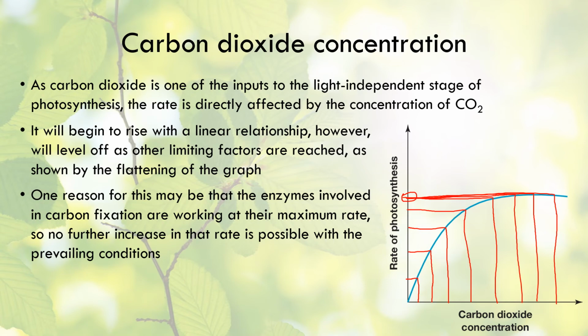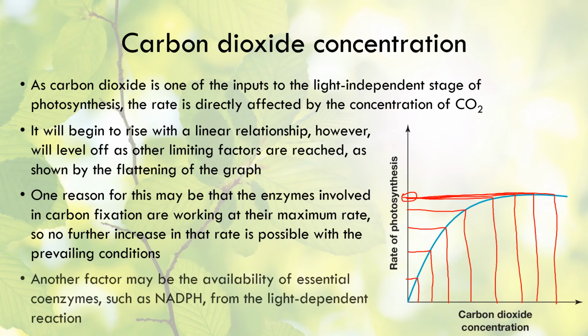So we can't increase that rate because there's only a certain number of enzymes and they're fully saturated with whatever they're supposed to be doing. So therefore, it doesn't matter how much carbon dioxide we put in, we need more enzymes to increase that rate of photosynthesis. So we've got a limiting factor there somewhere.